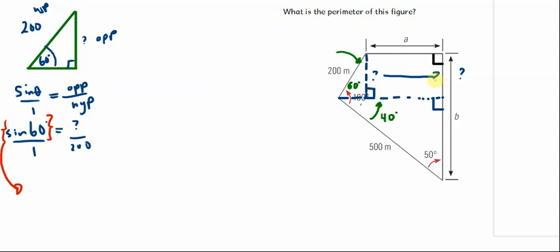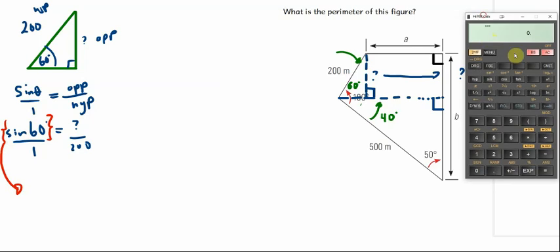Now I'll bring my calculator back on the screen, just in case you want to follow along with what I'm doing. So we want to figure out the sine of 60, so 60, take the sine of it, 0.8660. Sounds familiar from before. 0.8660 over 1 equals a question mark over 200.